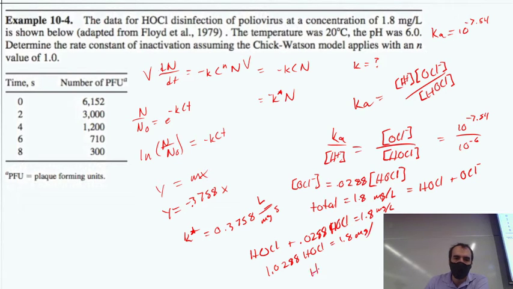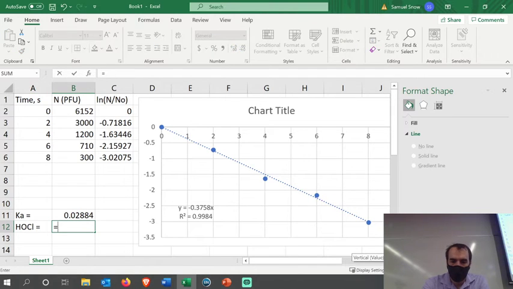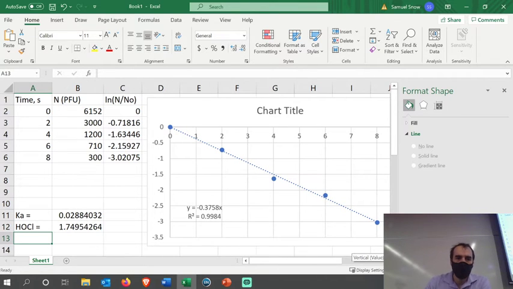So we'll say that HOCl is 1.8 divided by 1.0, we could just do 1 plus that guy. So there we go.